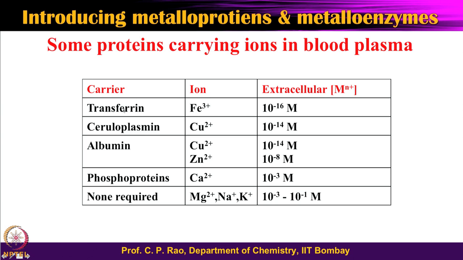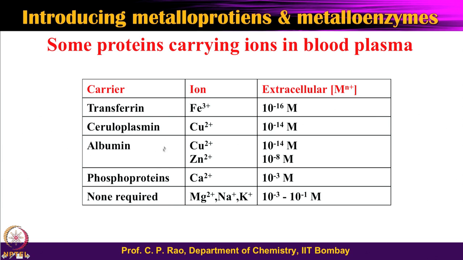So let us look at the ion transport, general aspects of it. There are different common proteins like transferrin, ceruloplasmin, albumin, phosphoprotein, and they carry ions like iron, copper, zinc, calcium, a variety of these ions.